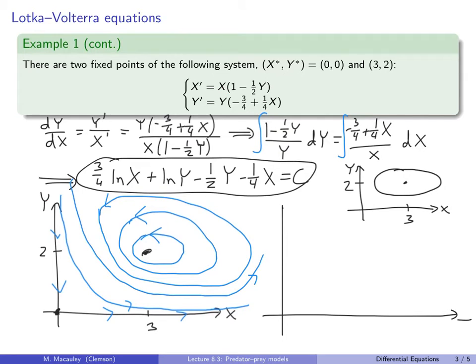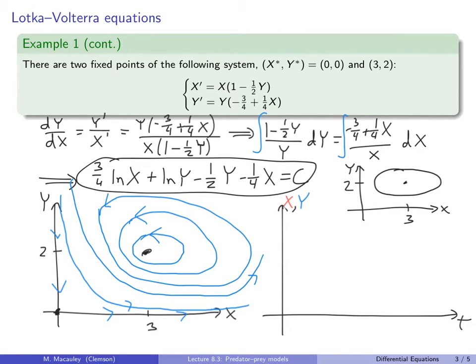So if this is t, and this is x and y, let's plot one of them in blue and one of them in red. I think I used red for x and blue for y. So what's going to happen as you go around an ellipse, just focus on the x value.